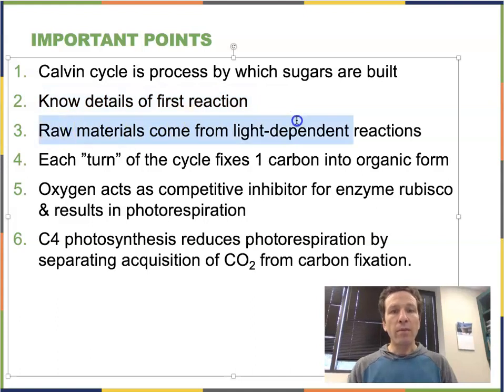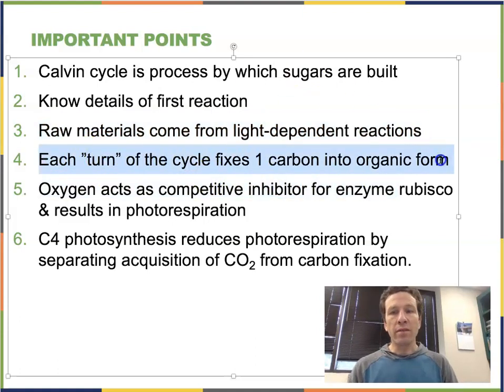Third, remember that the raw materials, specifically the NADPH and the ATP, are both coming from light-dependent reactions. So while the Calvin cycle itself does not use sunlight, sunlight is nevertheless required because sunlight is necessary to make ATP and NADPH. Number 4, for each turn of the Calvin cycle, one carbon is fixed into organic form. That means 6 turns are necessary to make a single glucose.